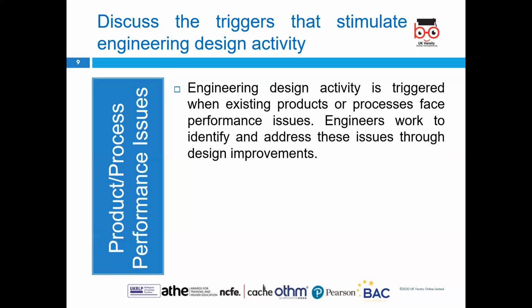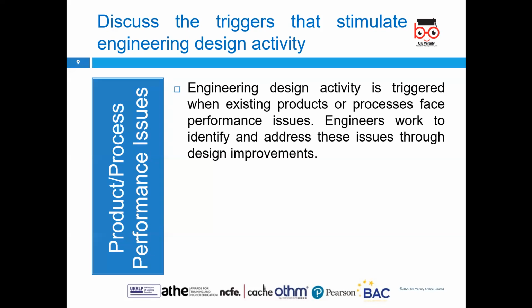Then we have product or process performance issues. So engineering design activity is also triggered when existing products or processes face performance issues. For example, laptop is one prime example. Like the computing power is increasing. If a person who is using 4 GB RAM will have a very slow laptop, the processes will run very slow.